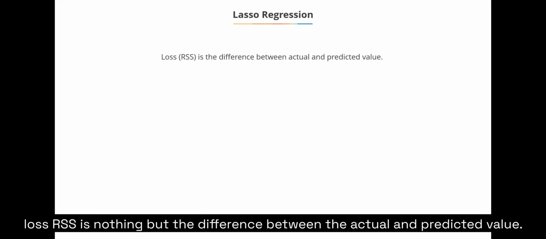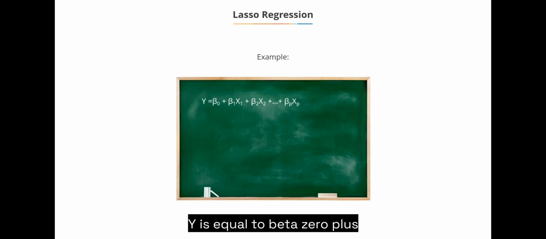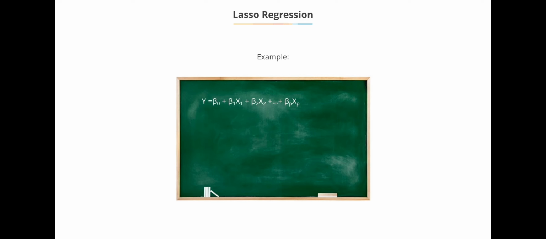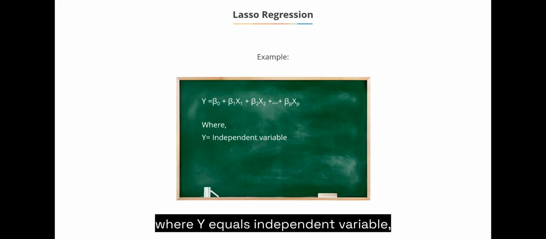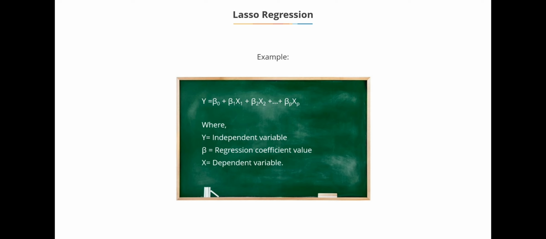Loss, RSS, is nothing but the difference between the actual and predicted value. Let's take an example. Y is equal to beta 0 plus beta 1 x1 plus beta 2 x2 plus up to beta p xp, where y equals dependent variable, beta equals regression coefficient value, x equals independent variable.